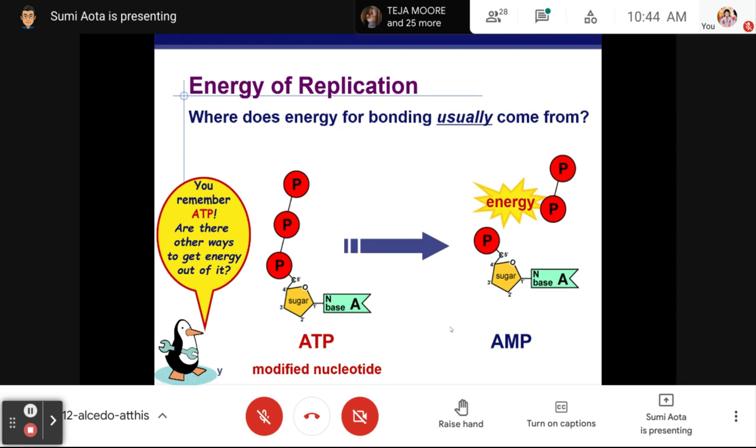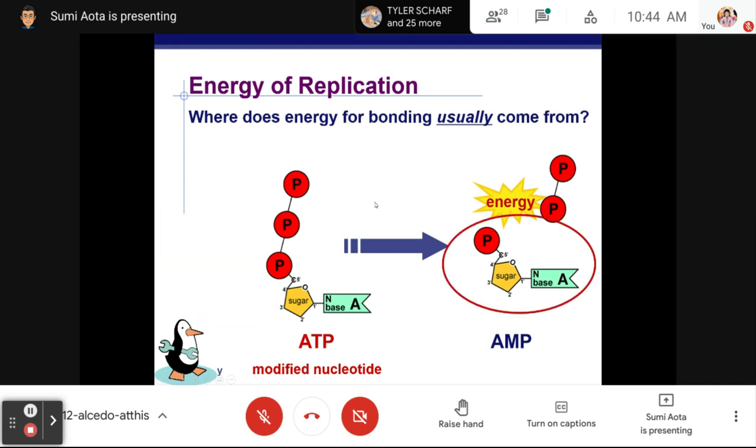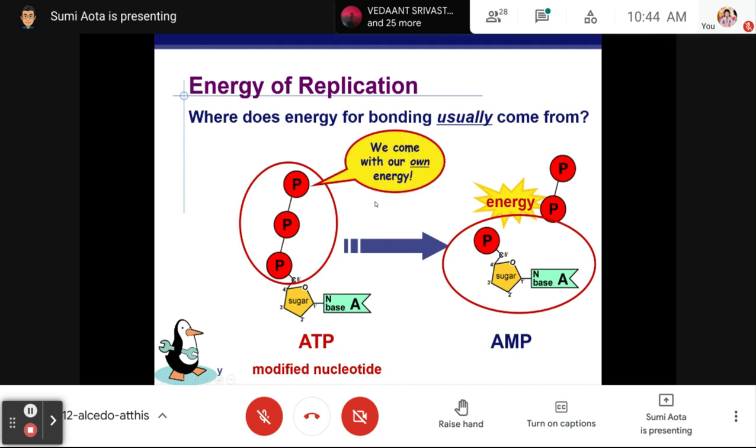Okay. Now we have a nucleotide which can now be attached to the newly growing strand. So ATP came with its own energy to attach itself to the newly synthesized strand.